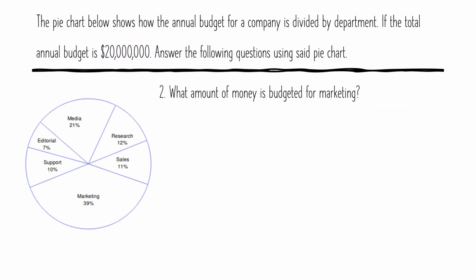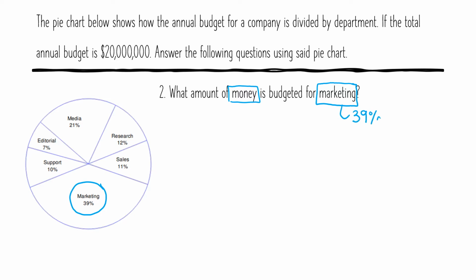Same context, different question. We want to know what amount of money is budgeted for marketing. So we need to go over to our pie chart. That's media. Where's marketing? Marketing is 39% of the budget.